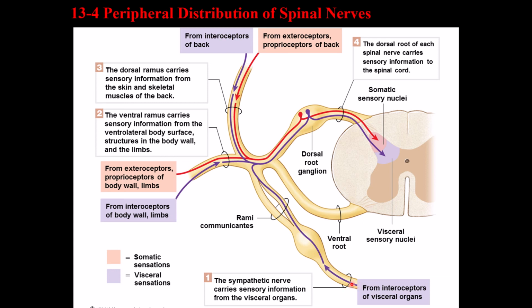That information is going toward the sympathetic chain ganglion. So these nerves are going there, pass through the rami communicantes, enter the spinal nerve, go through the dorsal root. The cell body is located there, and then it reaches the deeper part of the dorsal horn of the spinal cord, and from there it goes to the brain.